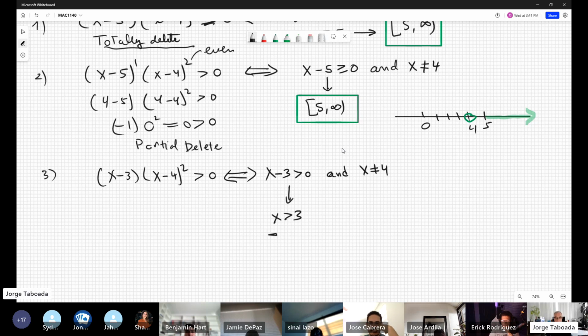Let me try to do my best. Okay, this is 0, this is 1, this is 2, this is 3, this is 4, right? So now the interval is from 3 to infinity, but in the middle of the process we have a hole, the famous hole that we have totally outside. That is the reason I do not consider it. Now I consider it.